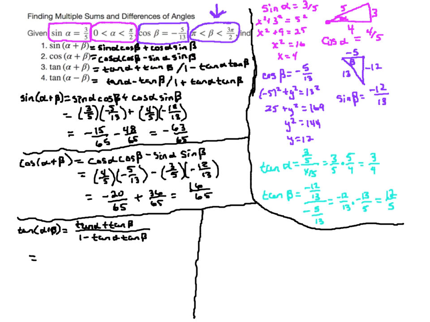Okay, so the tangent of alpha is 3/4 plus the tangent of beta is 12/5, and that's divided by 1 minus 3/4 times 12/5.